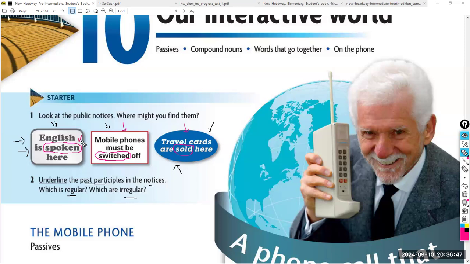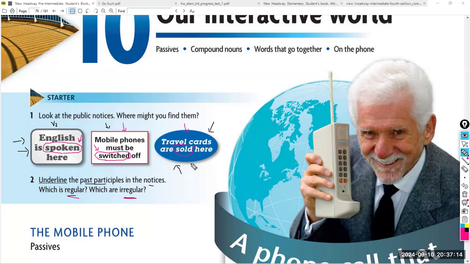Is spoken a regular or irregular verb? Irregular, thank you so much. Now, what about switched? Is it regular or irregular? Regular. Yes, it is regular. Thank you. What about sold? Regular. It is regular.